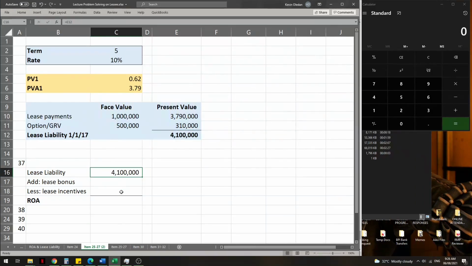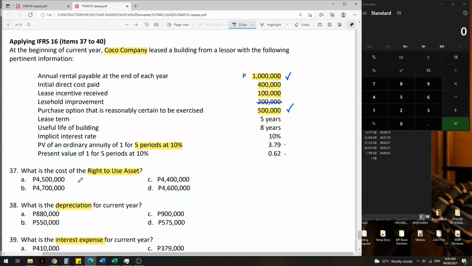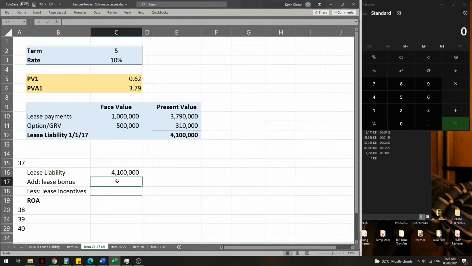Okay, 4,100,000, the first component of our ROA. And since based on the given, wala po tayong restoration agreement, so we can eliminate that one completely. Ang meron lang sa problem natin is initial direct cost, and it is going to be net against lease incentives. So we'll just have to input 400,000 and 100,000 in our solution guide as follows.